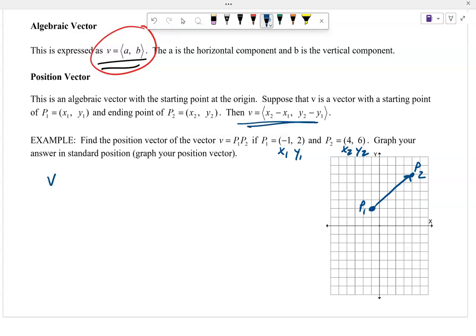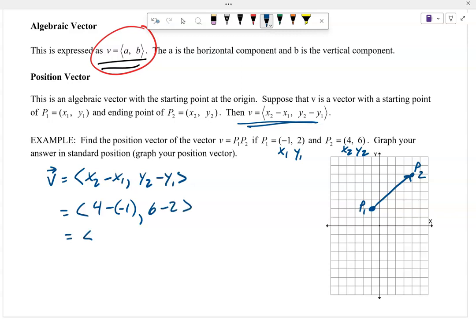The position vector, v we'll call it, is x2 minus x1, y2 minus y1. So x2 is 4, 4 minus a -1, comma, and then the y2 is 6 minus 2. So the position vector, 4 plus 1, I got 5, comma, 4. Here's my position vector v.